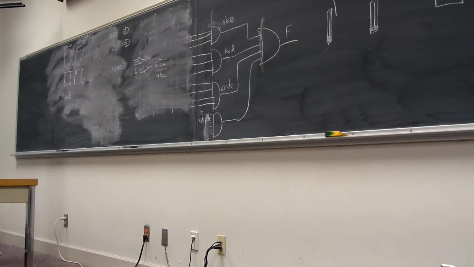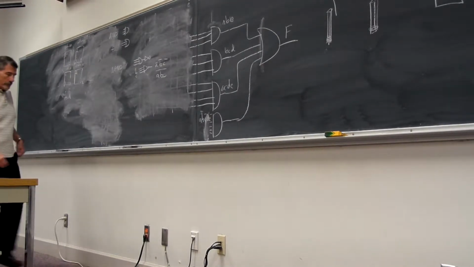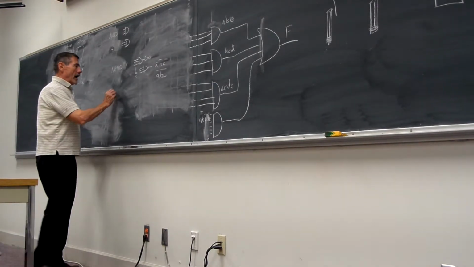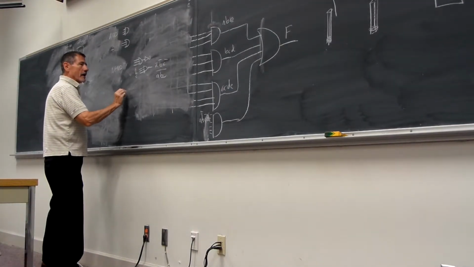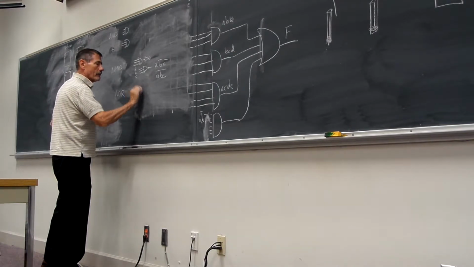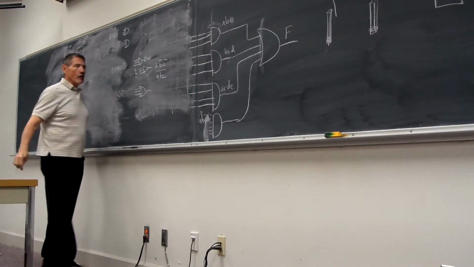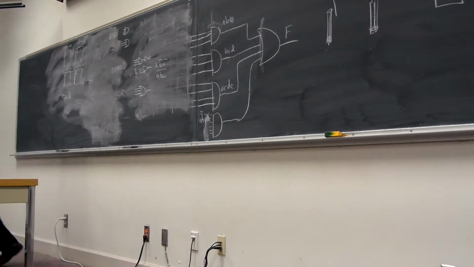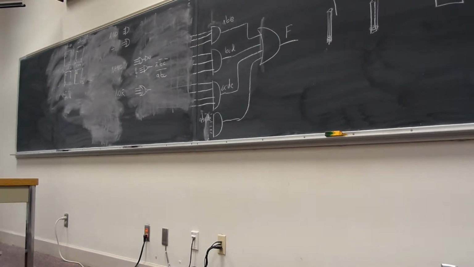Everybody all right with that? And if you had a NOR gate, you would take the OR gate and then the output of it you would invert. So that would be A or B or C, and that whole quantity negated. Sort of makes sense?